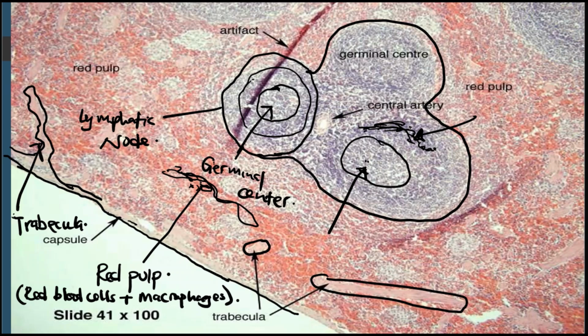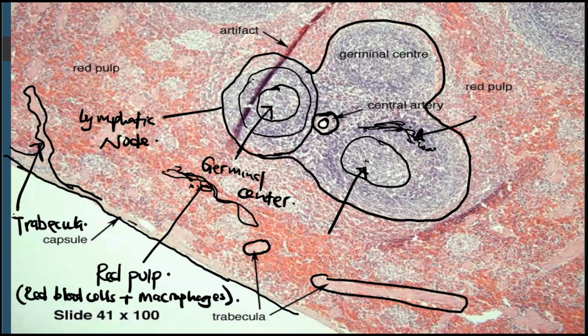Now, on the white pulp, in the lymphatic nodules, you find what we call the central artery. You find this central artery in lymphatic nodules in the spleen, but you do not find it in the nodules that you find in the lymph node. That's one key difference.